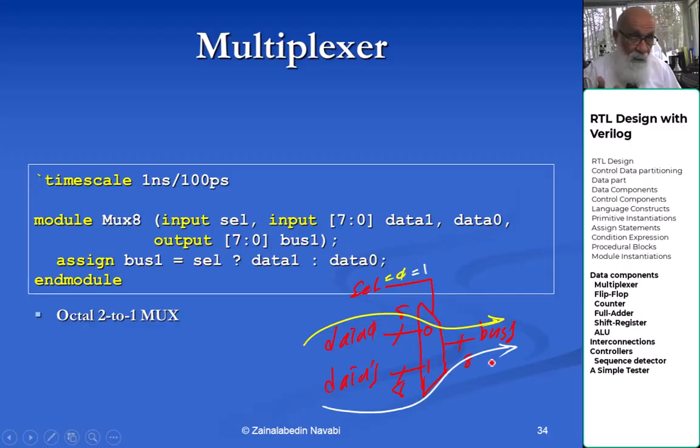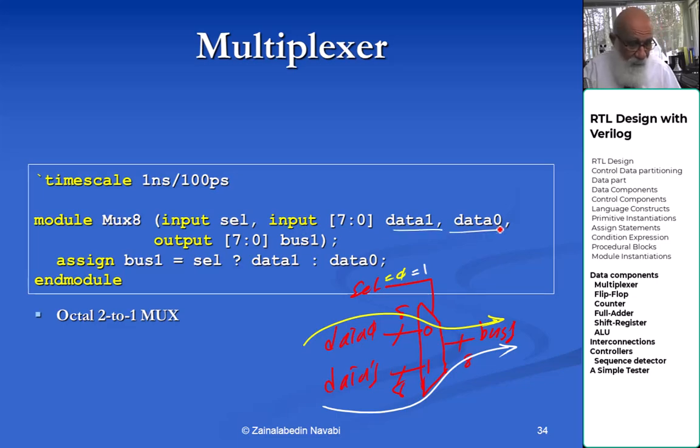Okay, what's different? Well, nothing except this square brackets 7:0, meaning the inputs are index 7 to 0, meaning that the inputs are 8-bit vectors. And the keyword input applies both to data 1 and data 0.